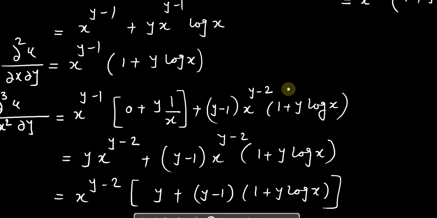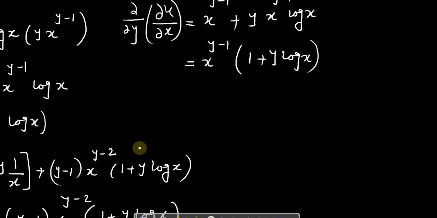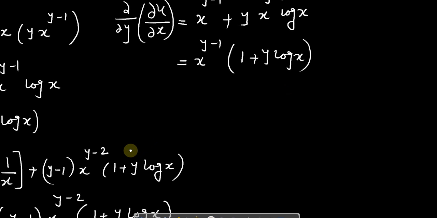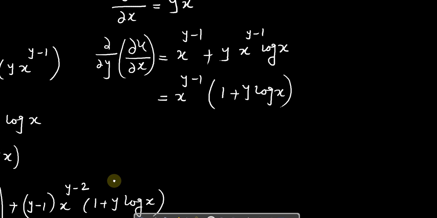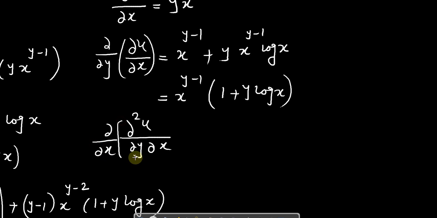Now let's solve on right hand side. Again, we are going to differentiate this partially with respect to x. This is dou square u by dou y dou x. Differentiate this further partially with respect to x. Bracket x raised to y minus 1 as it is, bracket derivative with respect to x.